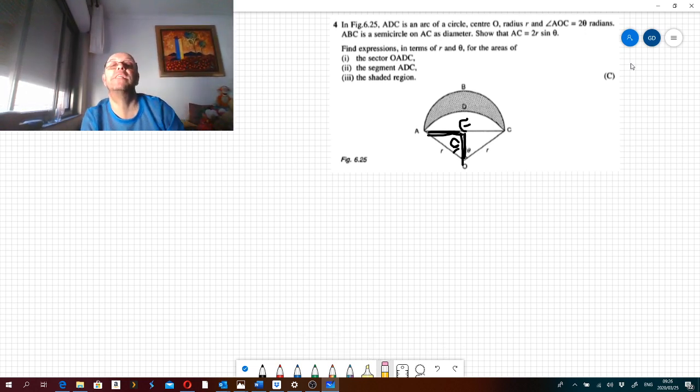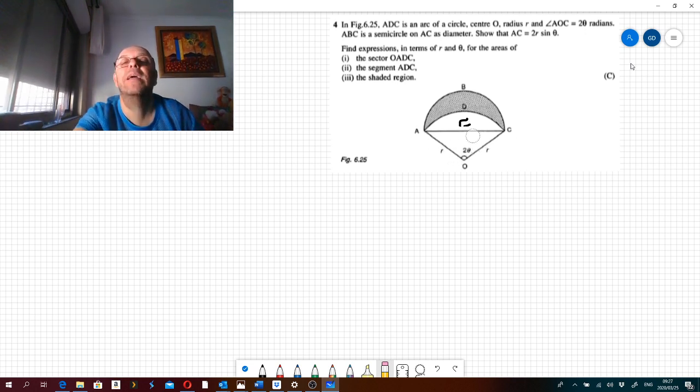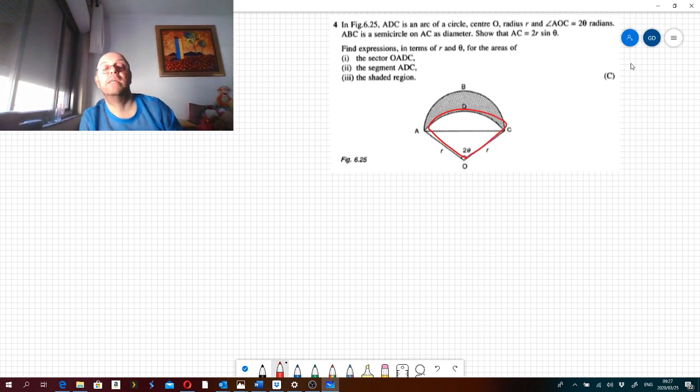So it now says find expressions in terms of r and theta for the areas of sector OADC. OADC is the small sector running over here. Well, what is the area of a sector? Simple formula again.